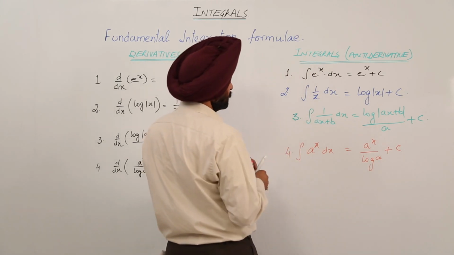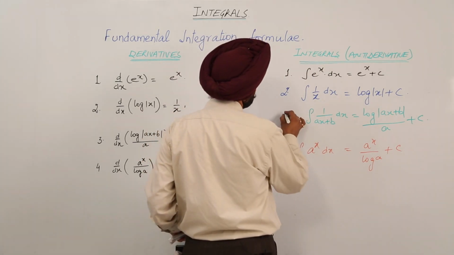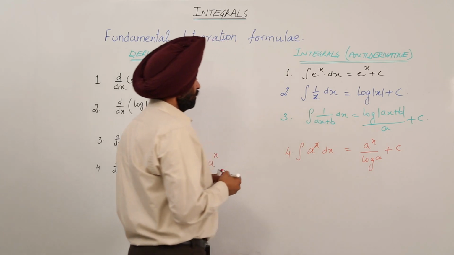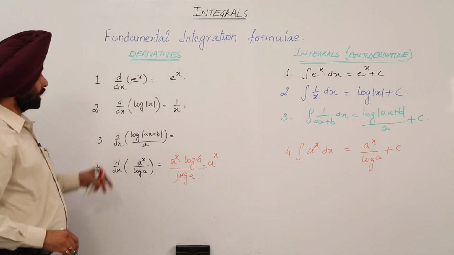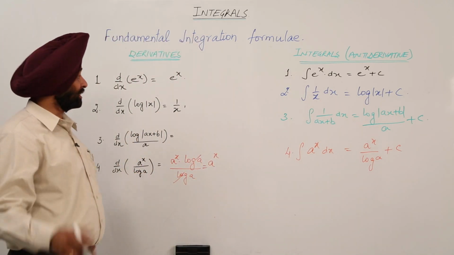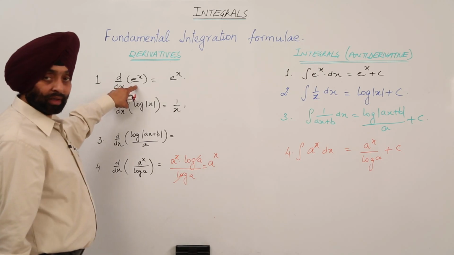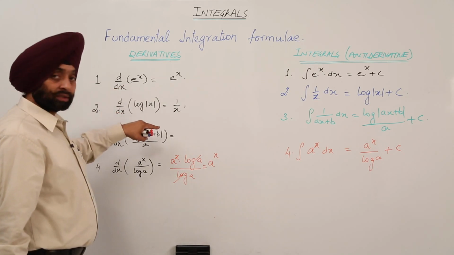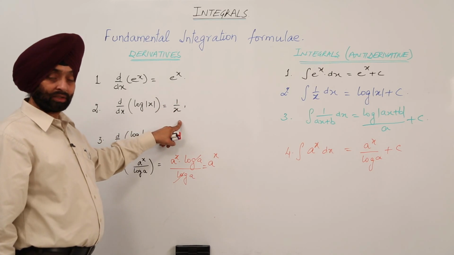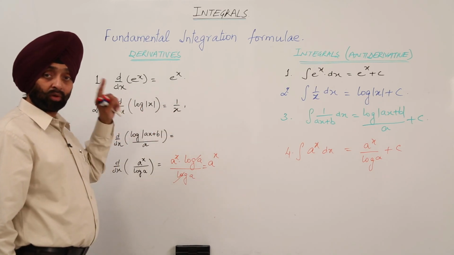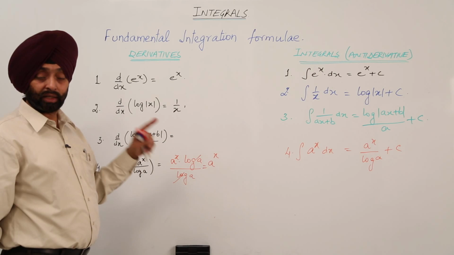Okay. So like this we are having 4 formulas. Now for the exponential and algebraic, first e raised to power x as it is, log mod x means always integration of 1 upon x will be written as log mod x, remember always, otherwise you will not be getting the marks.